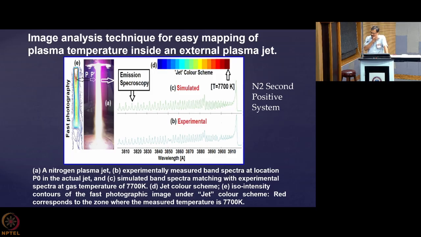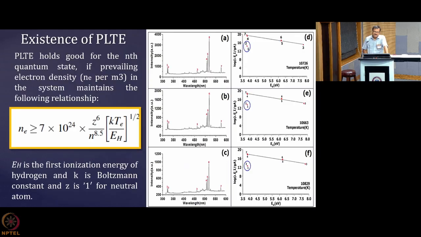And the earlier one, what I told, is a very easy way to map the temperature distribution all over the jet through a single snap. Although the temperature distribution may not be very accurate, it gives a very good idea about the distribution of temperature within the jet.